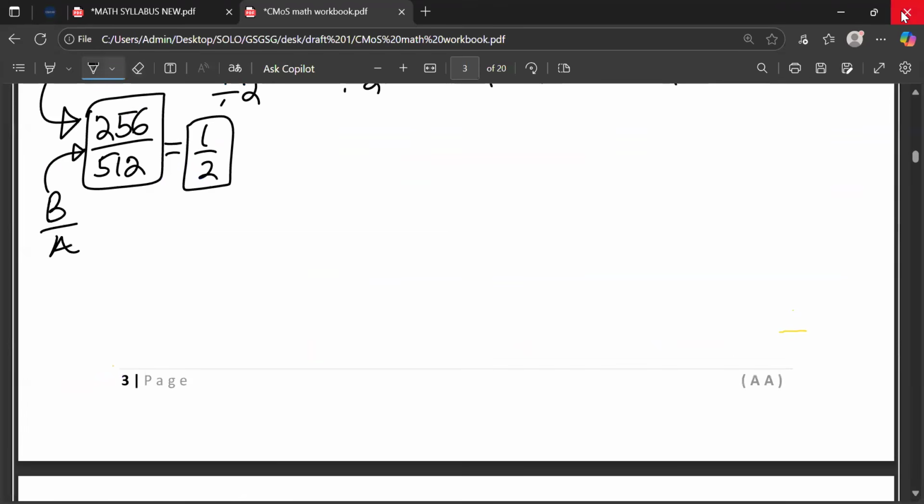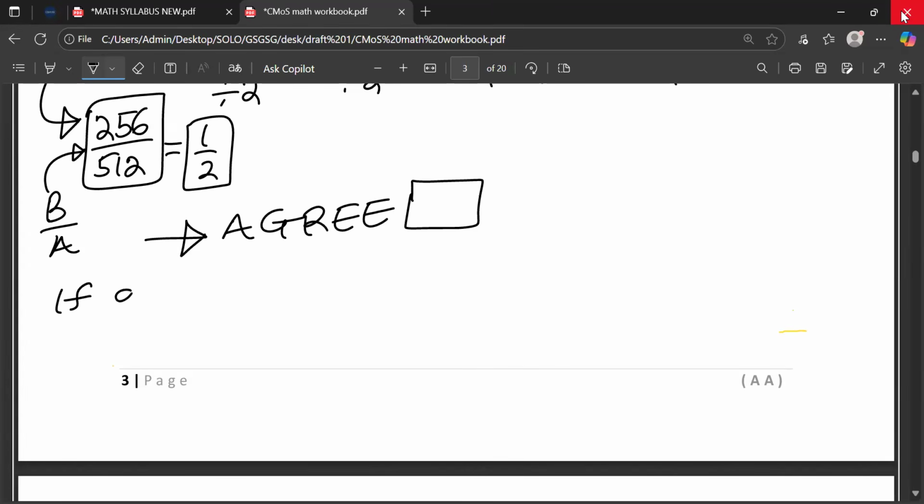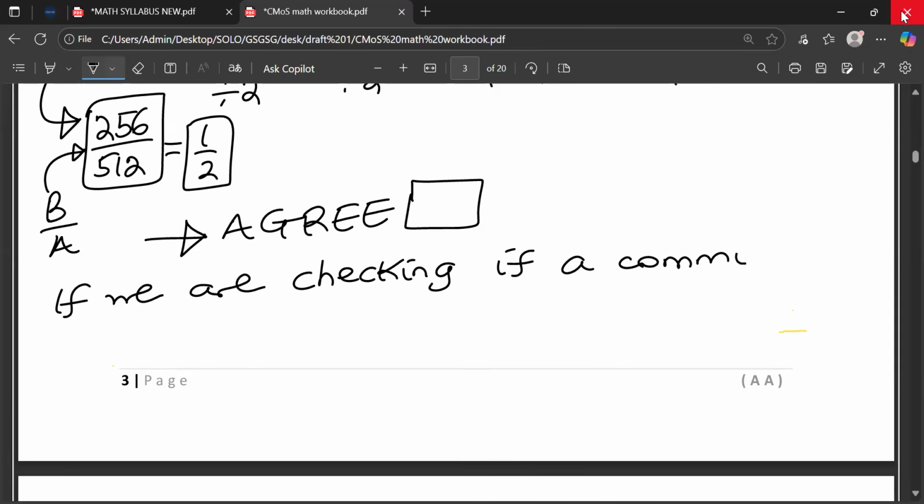So I will also come here and say that we are also going to agree that if a common term we are checking is being divided or multiplied, this is what we do.